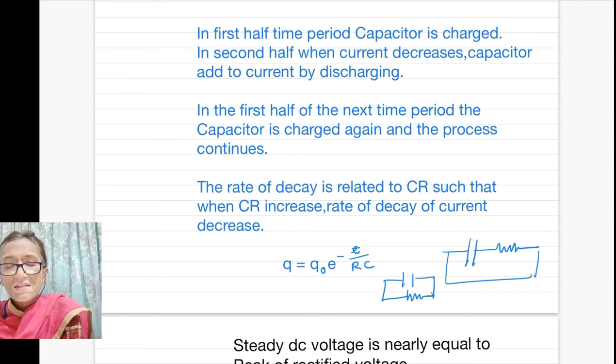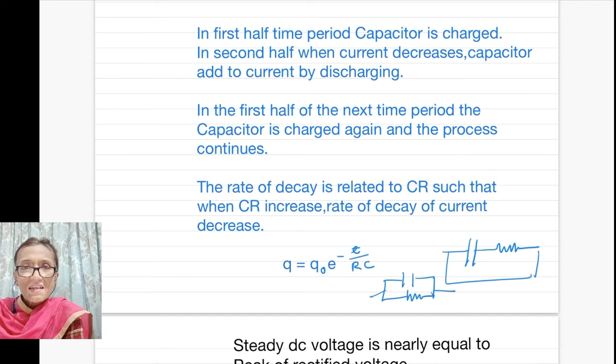So in these circuits, when you switch off the voltage and voltage becomes zero instantly, current does not become instantly zero. There is a transient period. So current takes time to become zero.